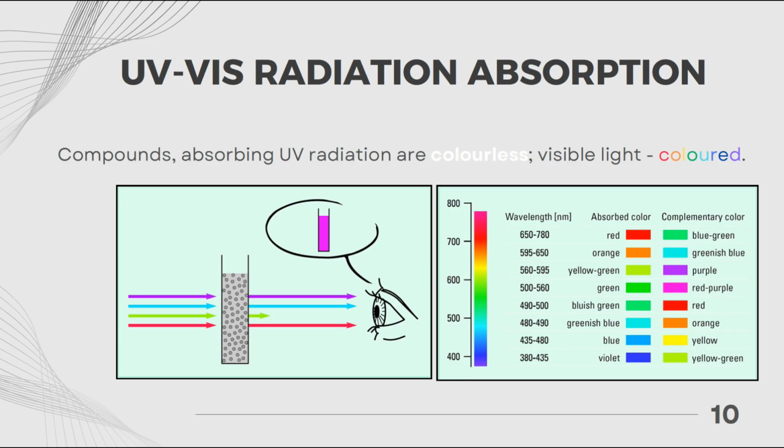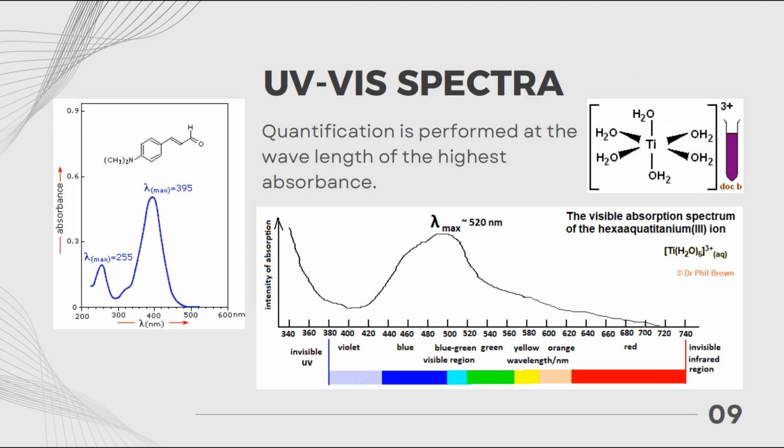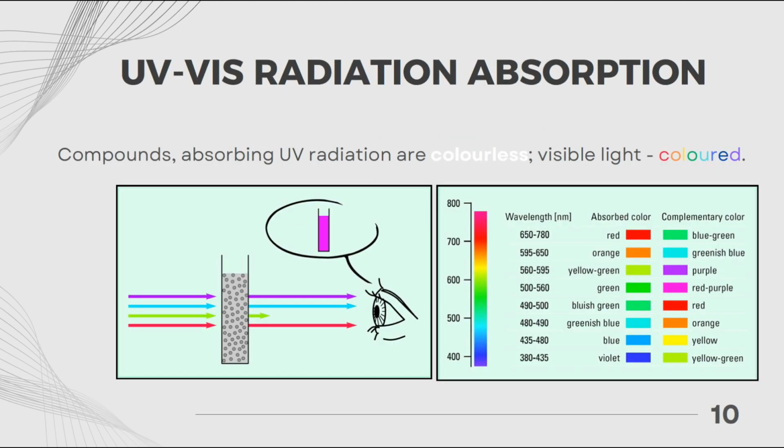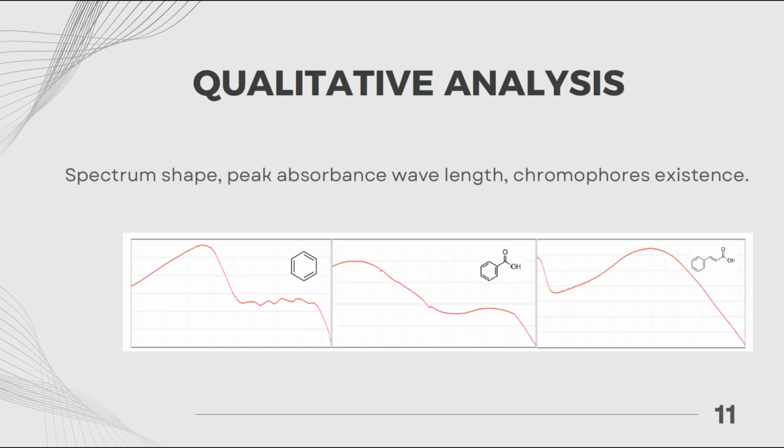It is absorbed because its intensity is smaller, and that's why you see the white light without green color, which gives you purple. And just for remembering, compounds that absorb UV radiation are colorless. Compounds that are absorbing visible light are colored. And this is a very nice table showing us what we will see regarding which color is absorbed, which wavelength is absorbed.